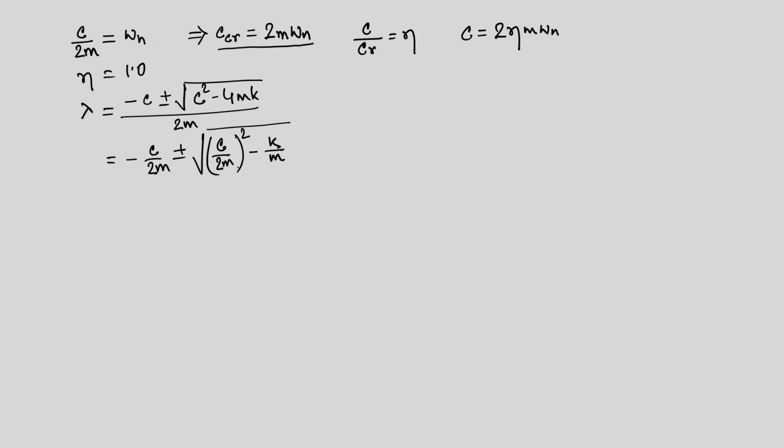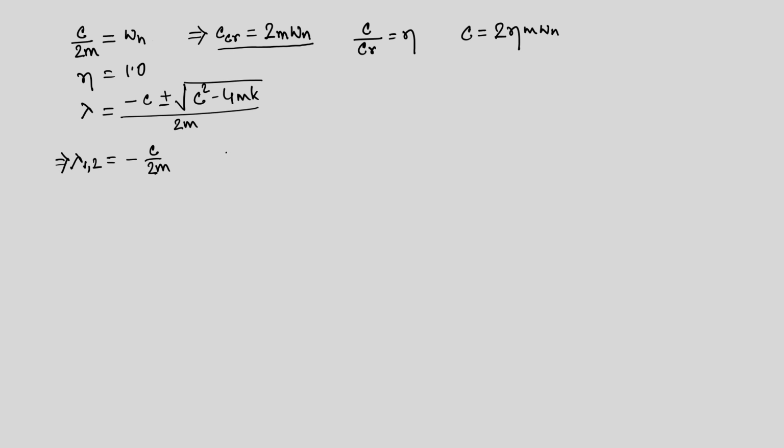Obviously, when C by twice m is equal to omega n, this part will go to 0. So, in that case, what is the nature of the solution? We can remove this part because it vanishes because of the critical damping, and lambda 1 and lambda 2, both of them will have a value of minus C by twice m.